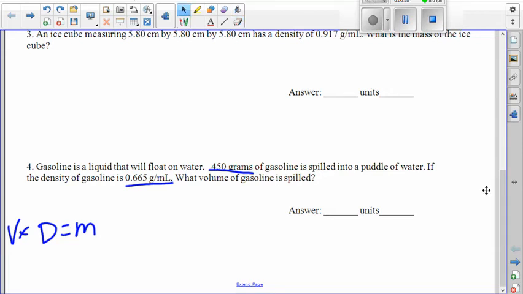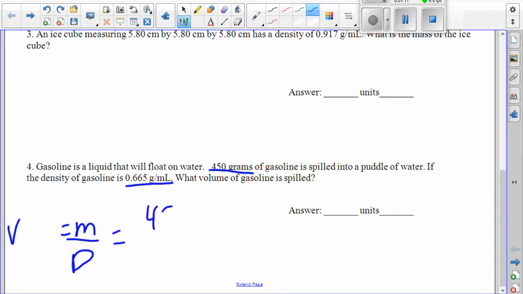Divide by density. That's right. So the densities will cancel out on this side. Now I'm left with volume equals mass over density. In this case, that would be my 450 grams divided by 0.665. Your calculator will tell you that that is 676.69.